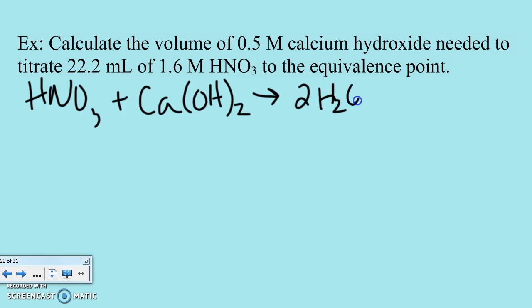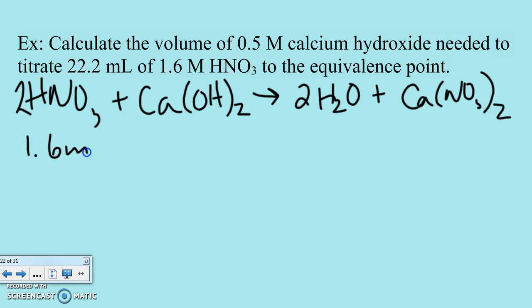We'll need a 2 in the water and a 2 out in front of the nitric acid, which means we need twice as many moles of nitric acid to titrate the Ca(OH)2, or we need half as much calcium hydroxide to titrate the nitric acid.